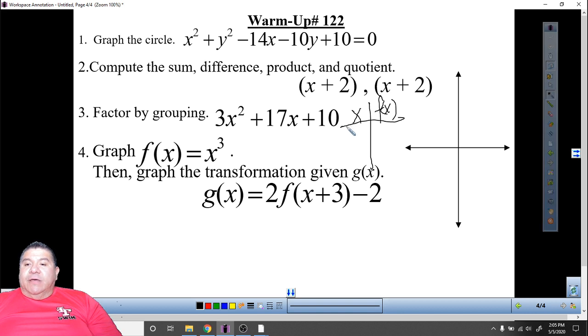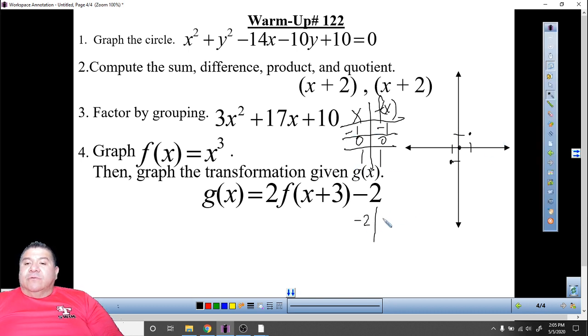So in case you forgot, x, f of x. I'm going to do just 3 points: negative 1, 0, and 1. Negative 1 cubed is negative 1. 0 cubed is 0, and 1 cubed is 1. So negative 1 is negative 1, so that goes right there. 0, 1, 1. Okay, I'm going to do 2 more points.